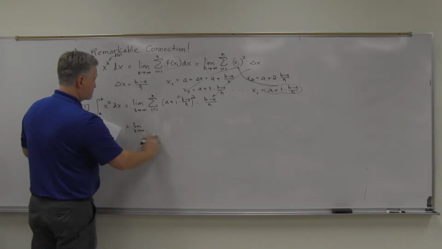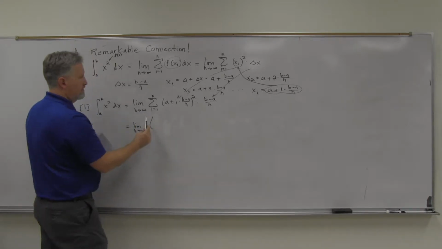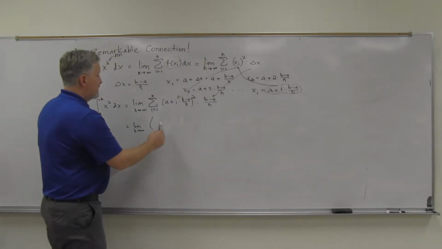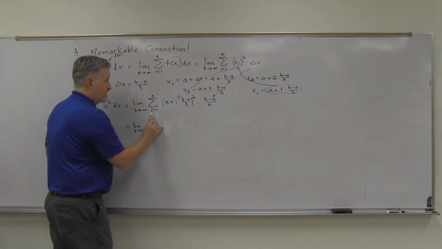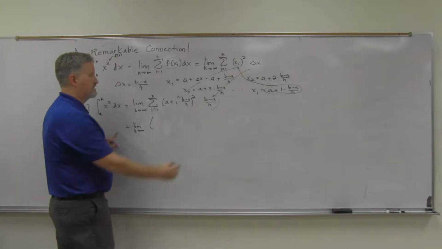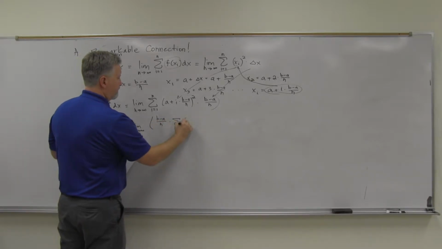Okay, so in line 2, what did I do? Well, in line 2, this is where the properties that we went over last time come in handy. Since the index of this summation is i, the factor b minus a over n doesn't involve i, so that's just a constant, so I can pull that out front. That's what I did on line 2.